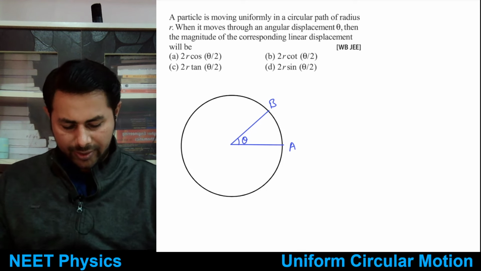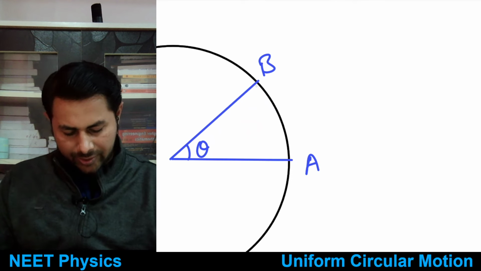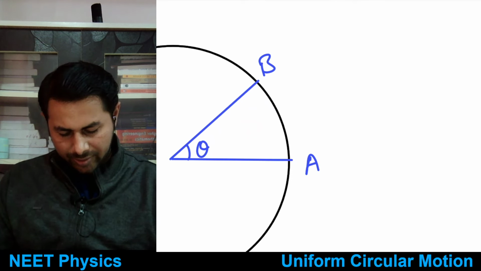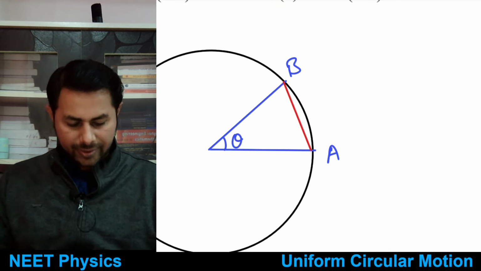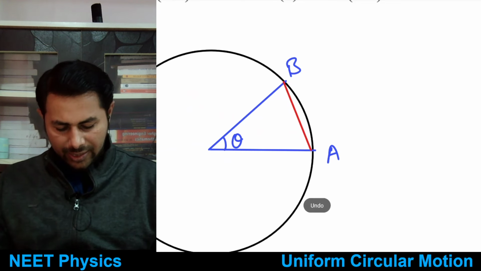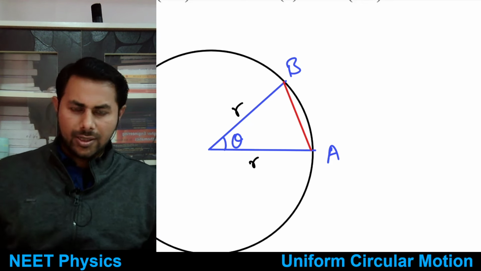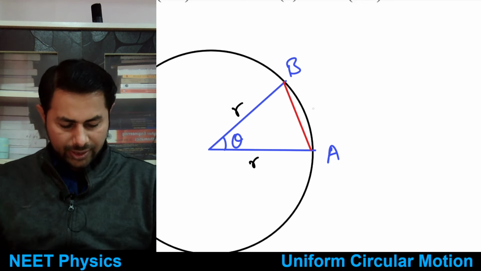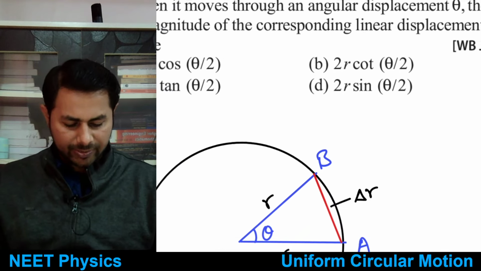So see here, linear displacement would be this much, right? So that is delta r. So this length is r, this length is r, and this thing is delta r. This is the linear displacement.